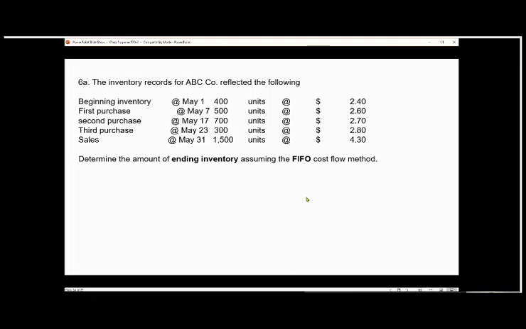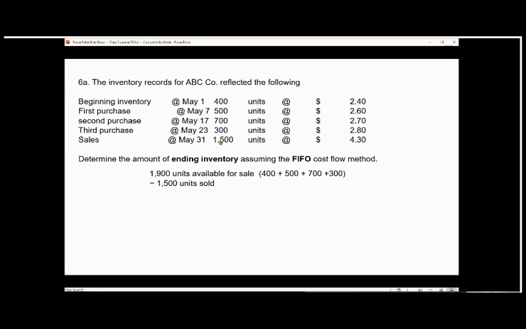So let's kind of go through the specific numbers now. We had 1,900 units available. When you add all that up, you get 1,900 units. That's the 400, the 500, the 700, and 300. All four of these purchases and beginning inventory, you had total 1,900 units available.